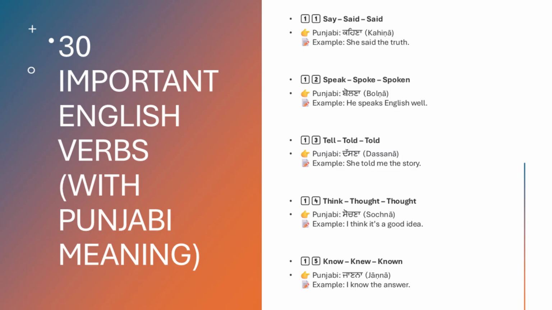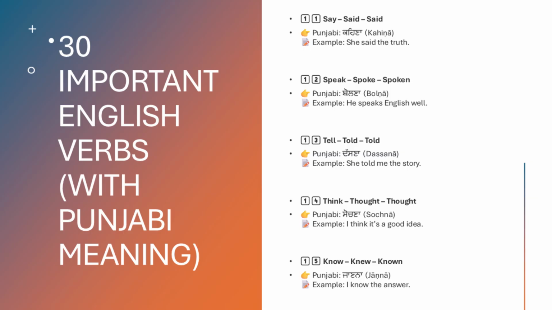15th verb is know, which means janana. Know, knew, known. Know is the base form, knew is the past form, known is past participle.